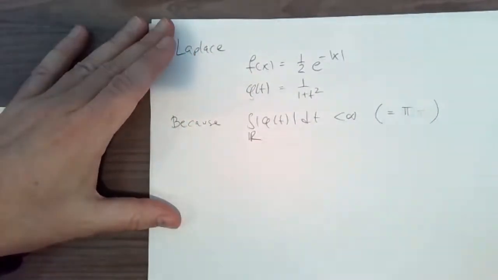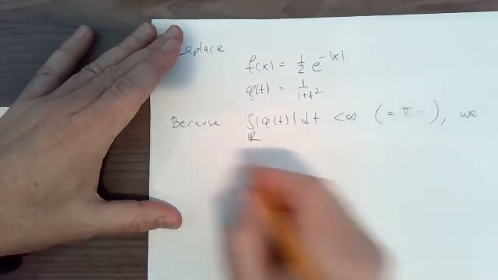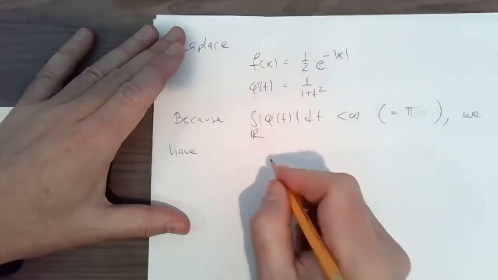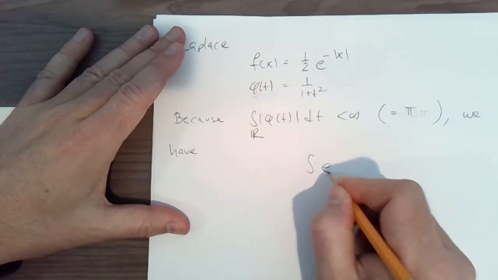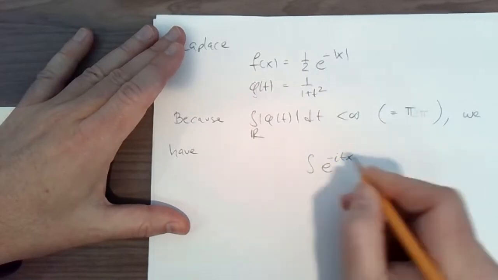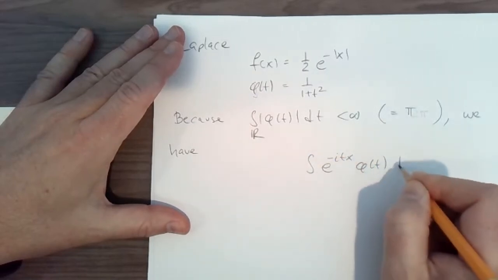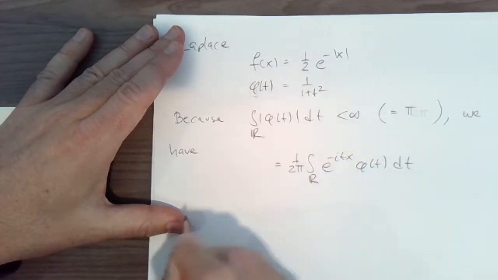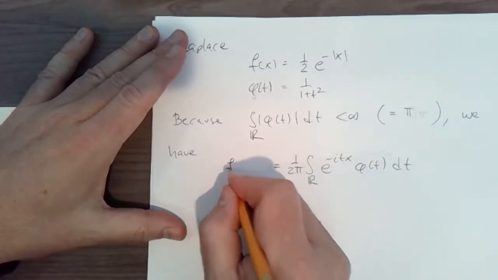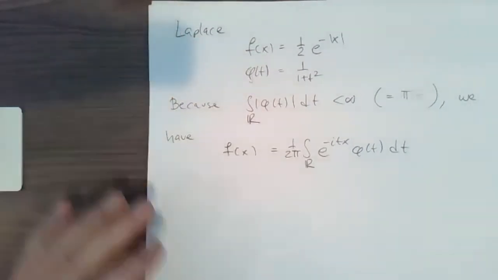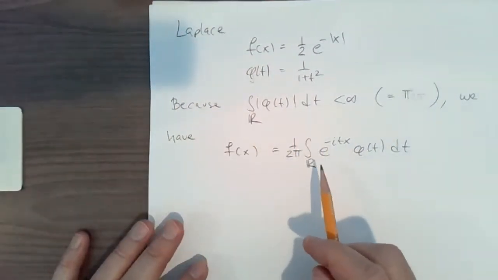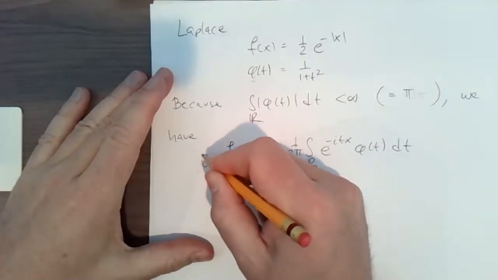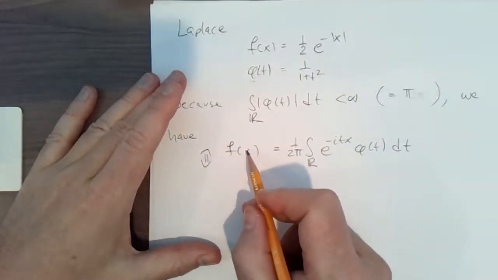Because this is finite, we have that the characteristic function can be inverted using that formula we proved. This would give you f of x, right? Because this is finite, we have this relationship, and then we can plug in now what f of x is.